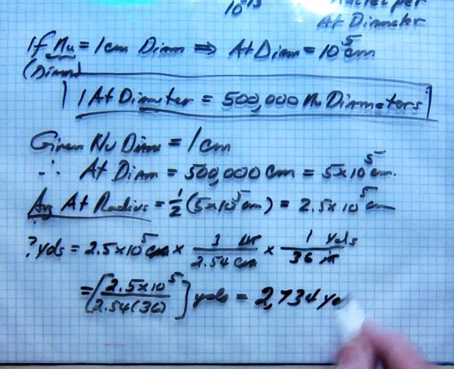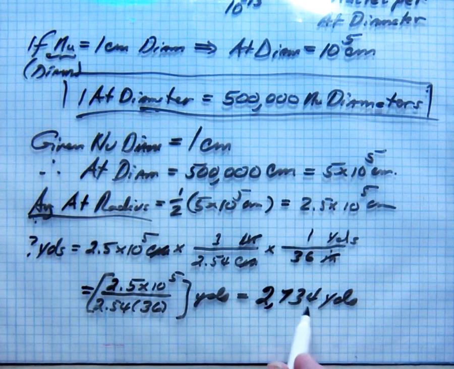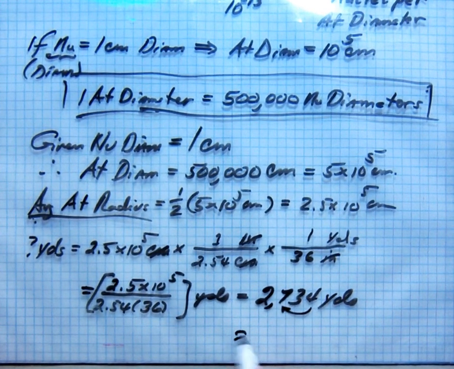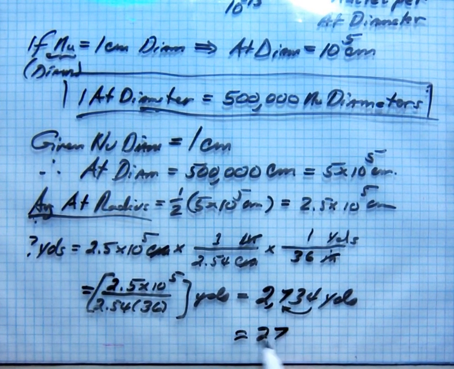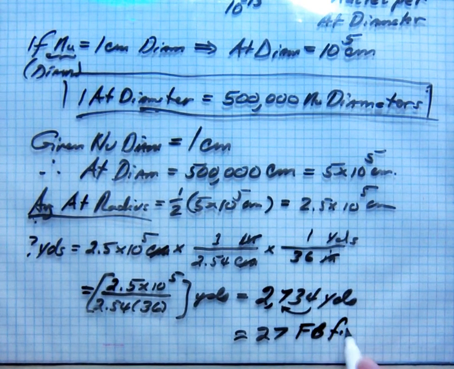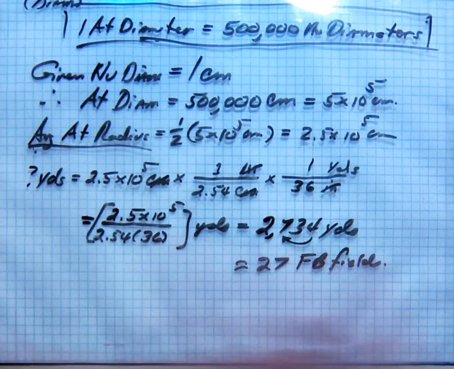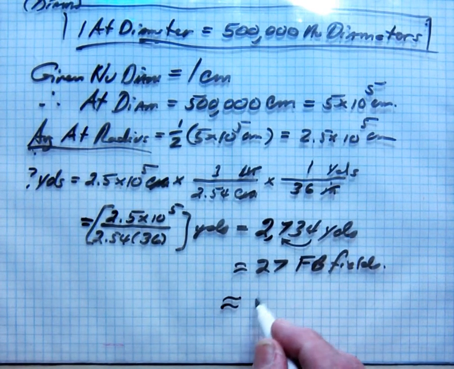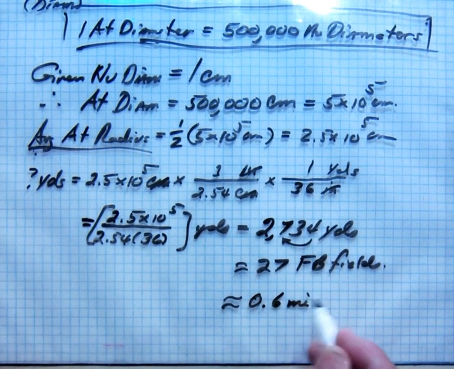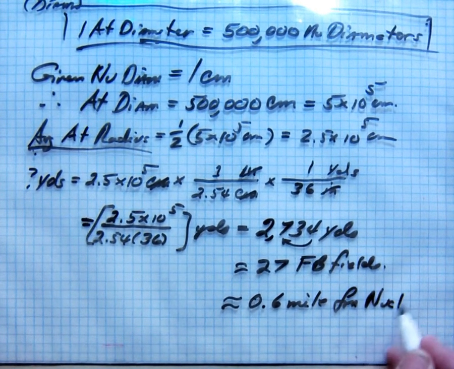2,734 yards. Okay? How many yards in a football field? 100. So we'll move over 2 places. So that's roughly 27 football fields. Or you can go on to miles, and I'll let you do that one. But it comes out about 0.6 mile from the nucleus.